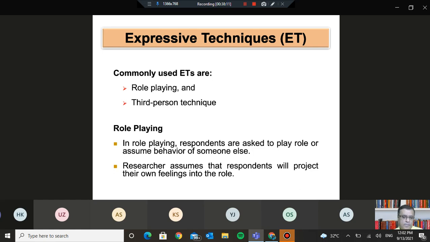So if you find out through this kind of study, where you're using these expressive techniques, that the person doesn't have too much negativity associated with this kind of activity, you may infer that this particular individual may at some point in time have himself or herself indulged in shoplifting. Sometimes, as researchers, we also make the respondent feel comfortable.